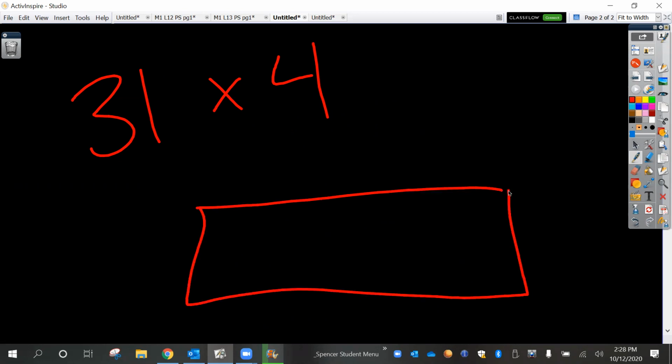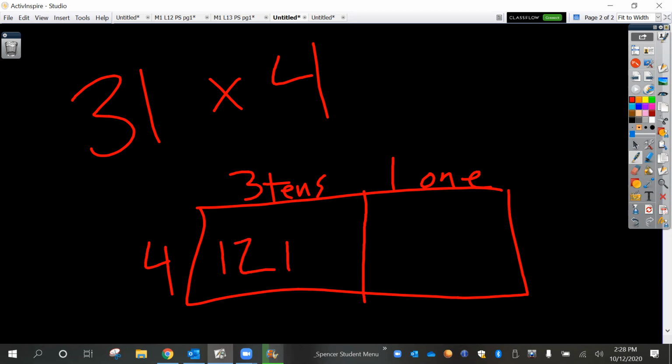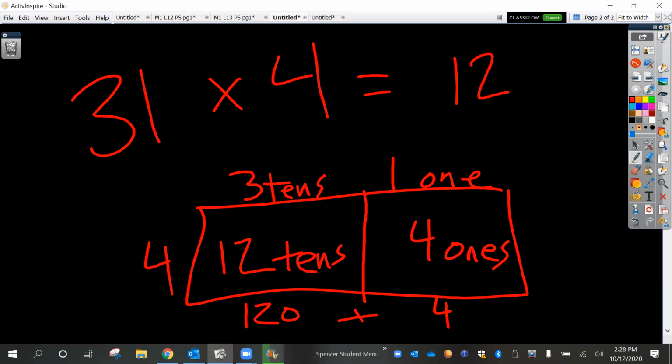I have two places represented in my number, so I'm going to do 3 tens, 1 one. That's 31 on top, and I'm multiplying that by 4. Well, 4 times 3 is 12, and that would be 12 tens. So 12 tens is 120. 4 times 1 is 4, and that would be 4 ones. So if we add these back together, we have 124.